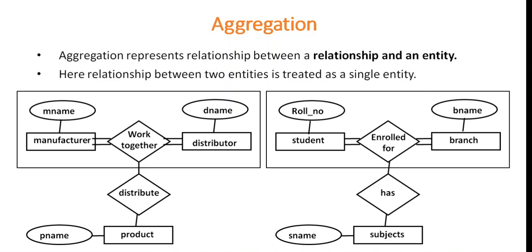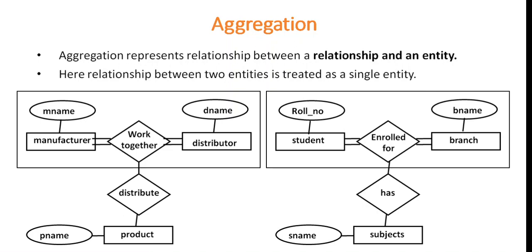That's why instead of forming a relationship between manufacturer and product, and a separate relationship between product and distributor, we combine manufacturer and distributor into one relationship, and then we combine that relationship with product. That's why it is called aggregation.